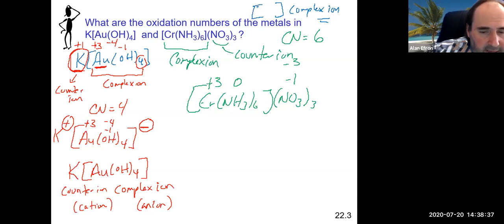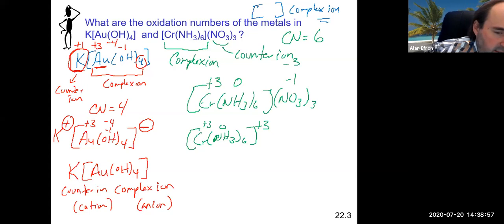Now, when we look at just the complex ion part, again, if we just pull the complex ion part out, this has 0, this is +3, which means the overall complex ion in this part is +3. Our counter ion is nitrate, which is -1.